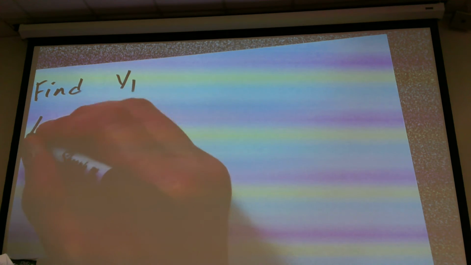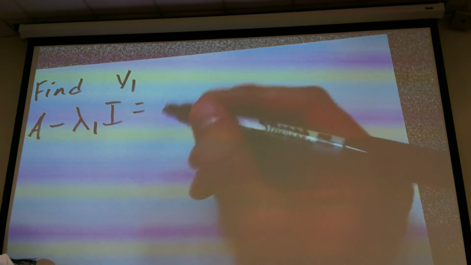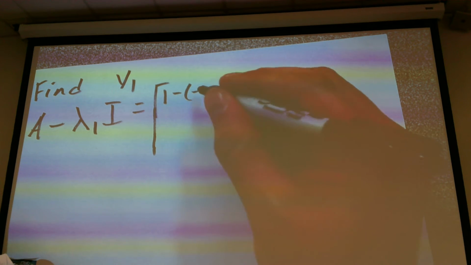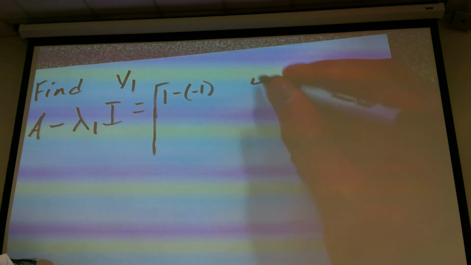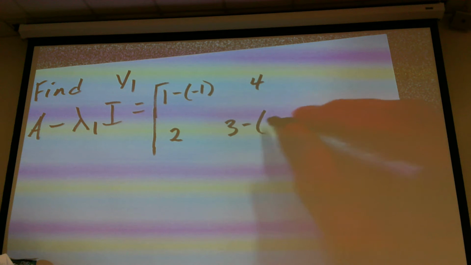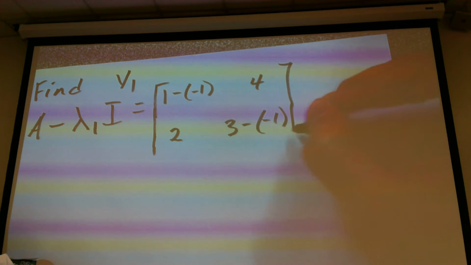All right, so what we're going to do is find v1, and so we're looking at A minus lambda 1 I. Okay, that's going to be our matrix, that's 1 minus lambda 1, now negative 1, it's 4, that's 2, and this is 3 minus negative 1.